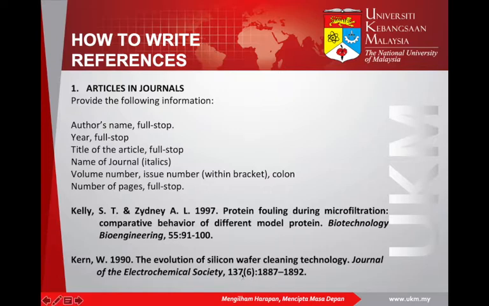So this is the volume number, in brackets the issue number, and then there is a colon, and then the page numbers, full stop. So that's how you write a reference for a journal article.